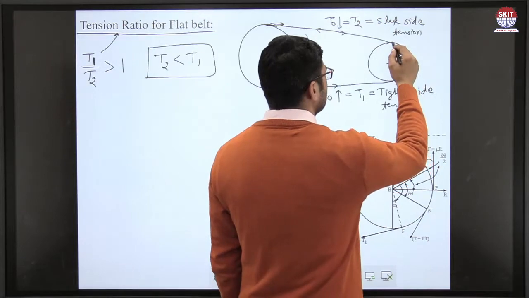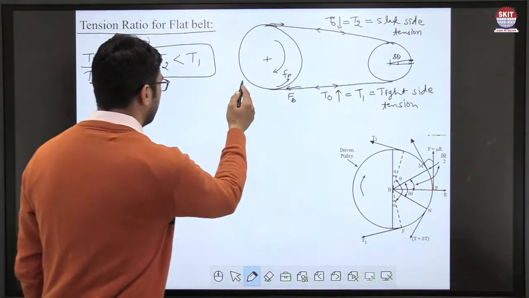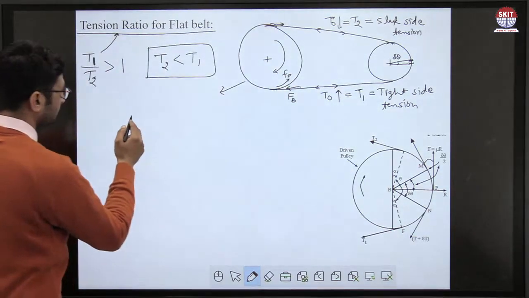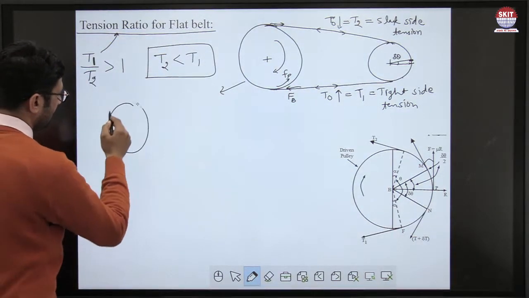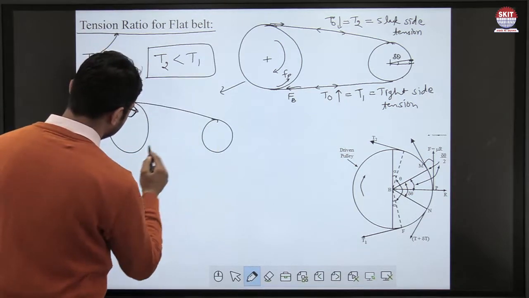We clearly see that here is tension T2. If we draw this diagram again, then the diagram is that way.